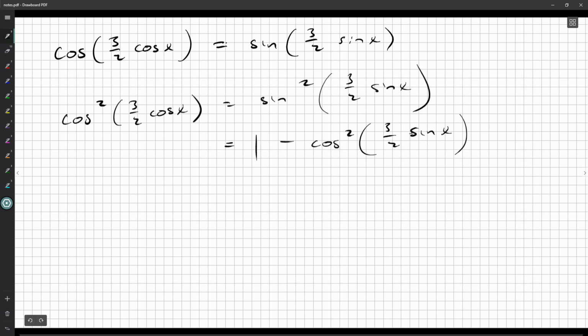No, this isn't particularly helpful. What do we want? We want sine 2x. And that's 2 sine x cos x.